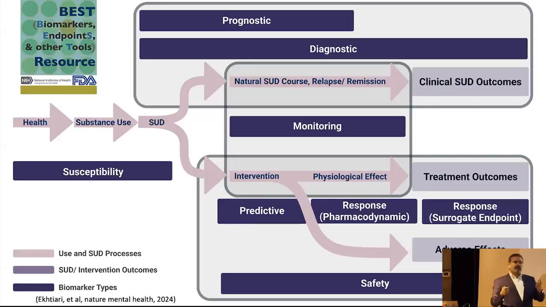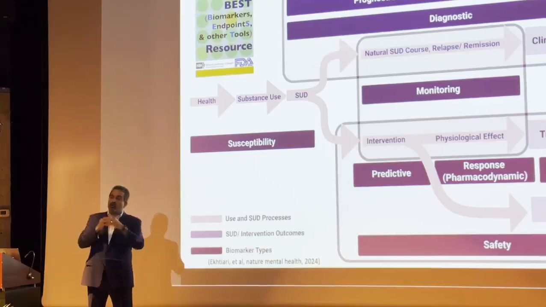It means that, for example, with fMRI, from those who just started using alcohol, or are social drinkers, you can predict who is more susceptible to become alcohol dependent, right? So you use fMRI as a biomarker for those who are going to be susceptible to alcohol use disorder. This is called a susceptibility biomarker.